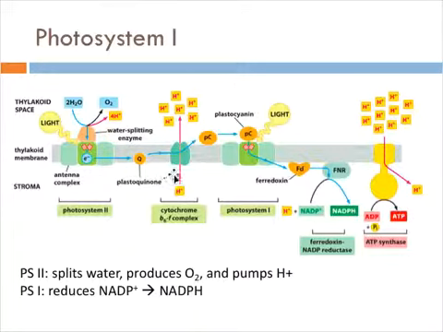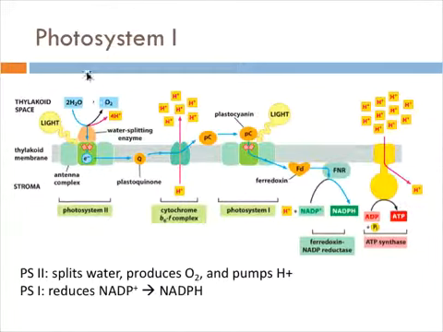Now, what happened to that electron? It was being pulled through here. Where did it go? As it gets pulled through the cytochrome B6F complex, it gets passed to a second carrier, which is called plastocyanin. Plastocyanin takes that electron to photosystem 1. So when photosystem 1 releases its electron to ferredoxin, it needs a replacement electron as well.